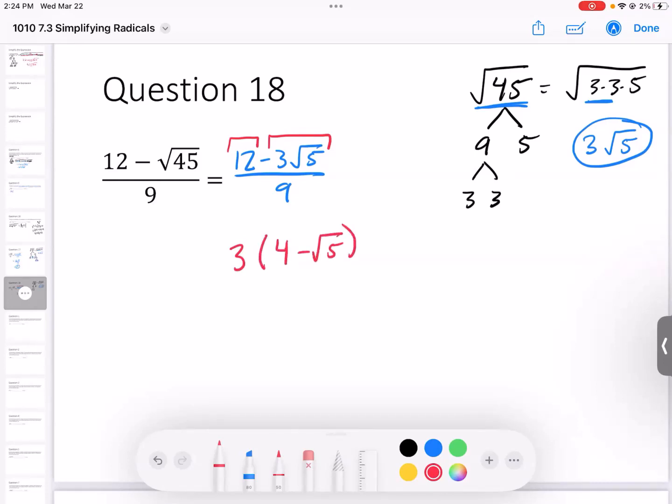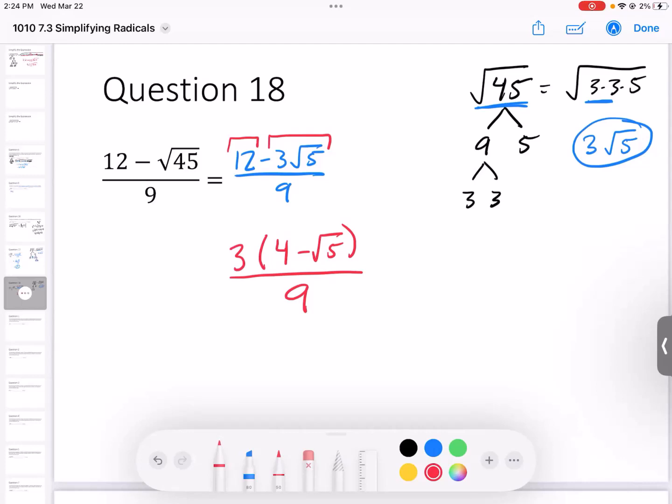Is everybody good with how I did that? Pulled out the common 3 from both of them. And now this is in factored form because I have 2 things that are multiplied on the top of my fraction and it's divided by the 9.